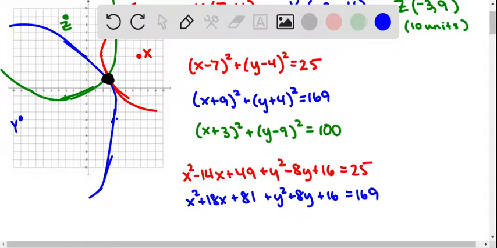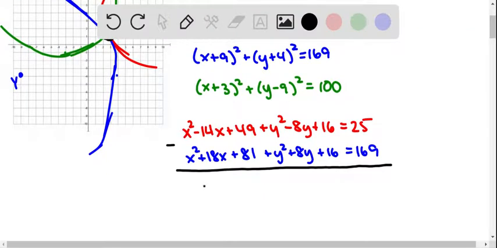And then, treating this like a system of equations, we can go ahead and subtract these 2 equations, and that's going to cancel the x squared terms and the y squared terms. And that's going to give us negative 32x minus 32 minus 16y equals negative 144.